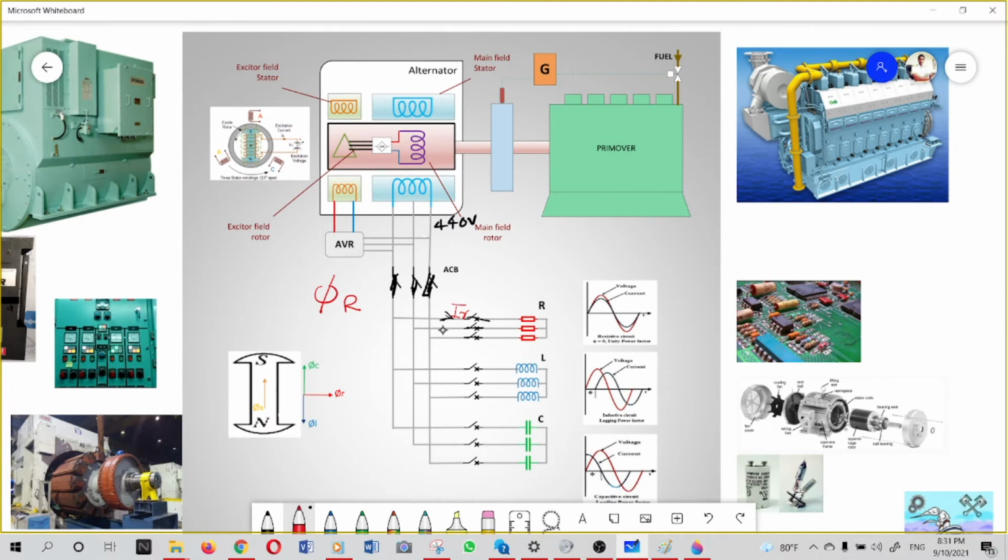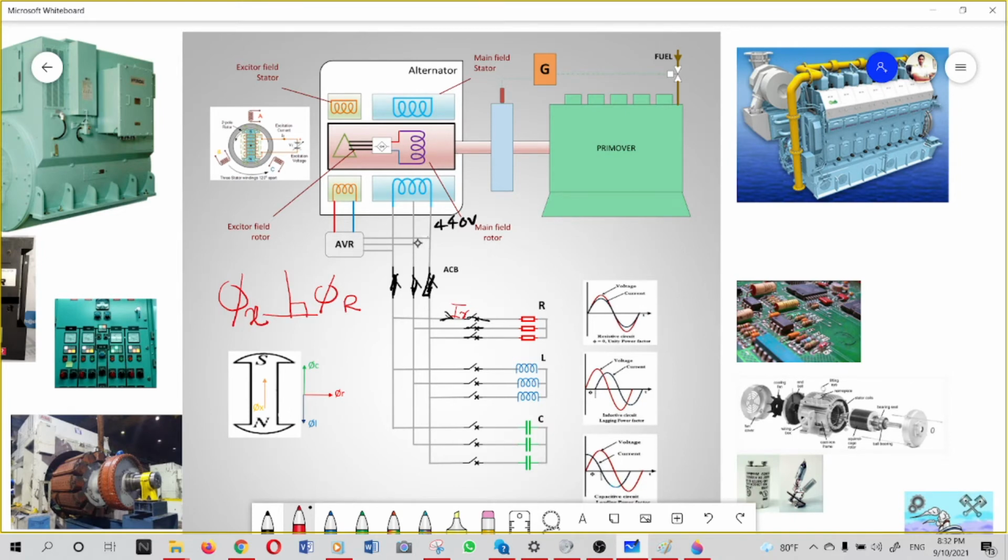And it is found that the new magnetic field is in a plane which is 90° perpendicular to the rotating magnetic field of the rotor. Initially here was the magnetic field which is rotating.